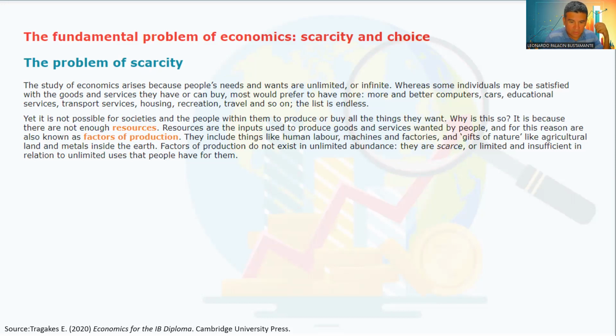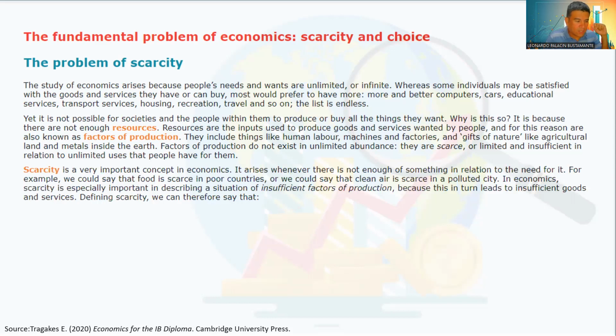Capital, machines and factories. Land, the gifts of nature, like agricultural land and metals inside the earth. And entrepreneurship. These are the 4 factors of production. Factors of production do not exist in unlimited abundance. They are scarce. They are limited, insufficient, okay? And the key is to make use of them to become more efficient.